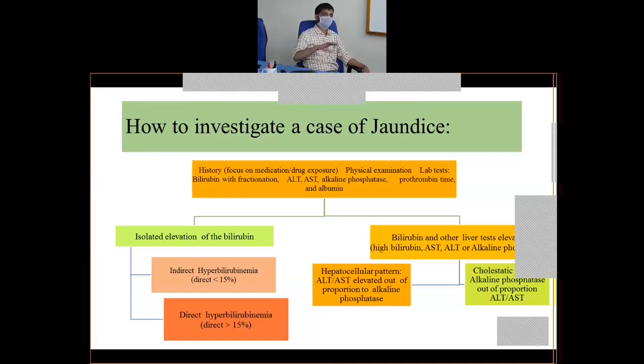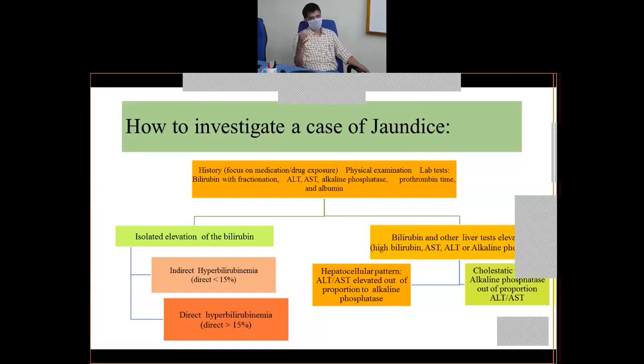In the other category, along with hyperbilirubinemia, there will be an increase in AST, ALT, or transaminase level. That can be further divided into hepatocellular category and obstructive category. In the hepatocellular category, AST and ALT are elevated out of proportion to the alkaline phosphatase.